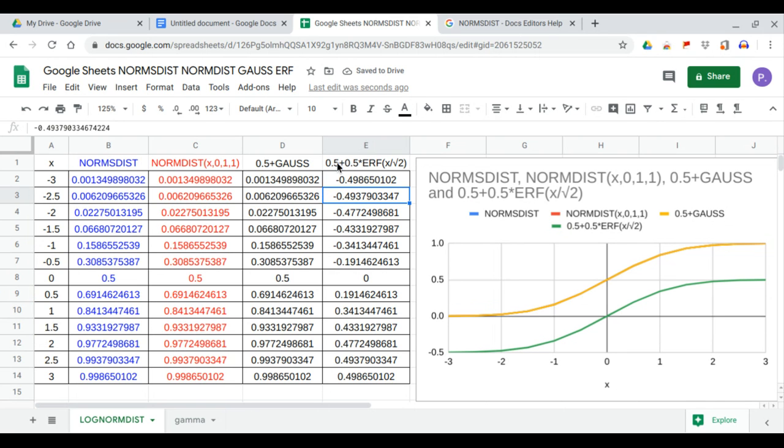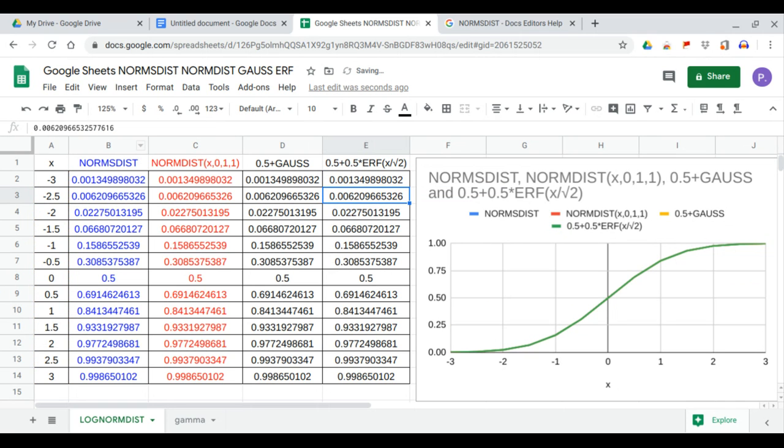And add 0.5 to the array formula of ERF. Now they are on the same line.